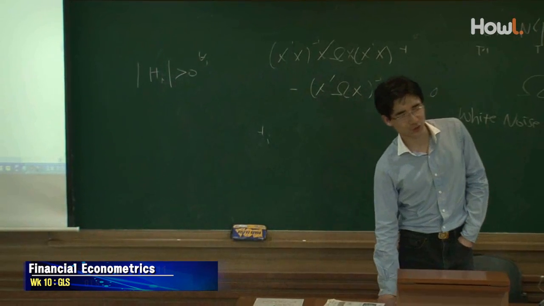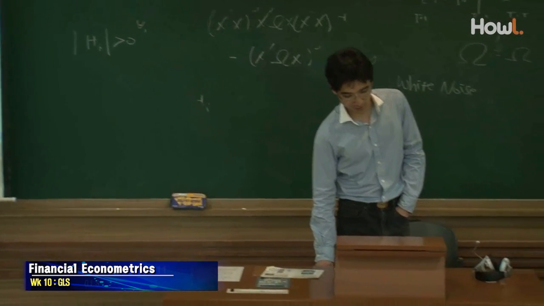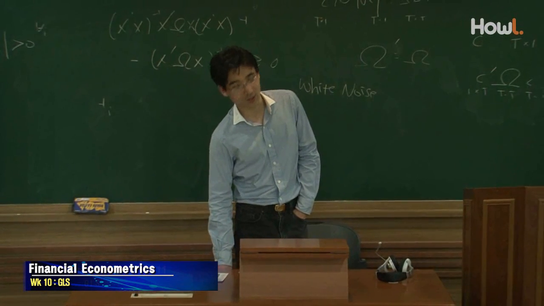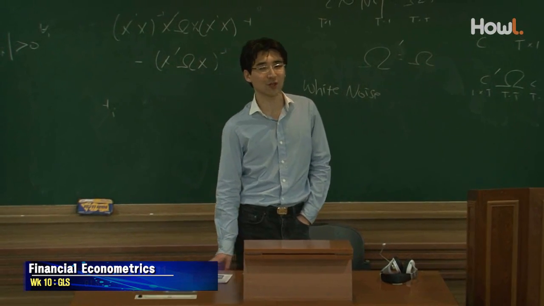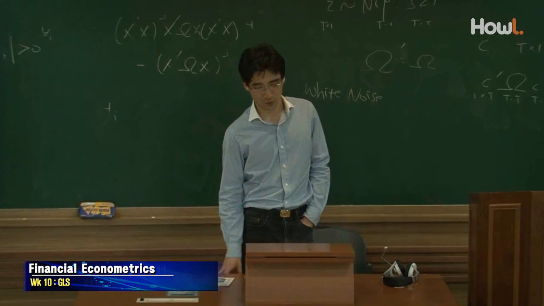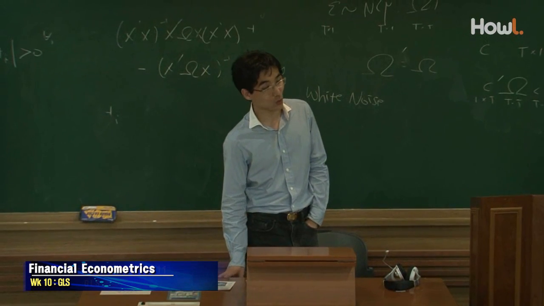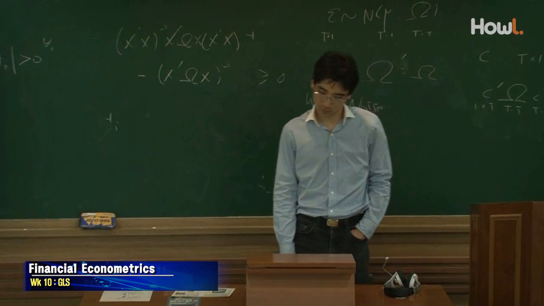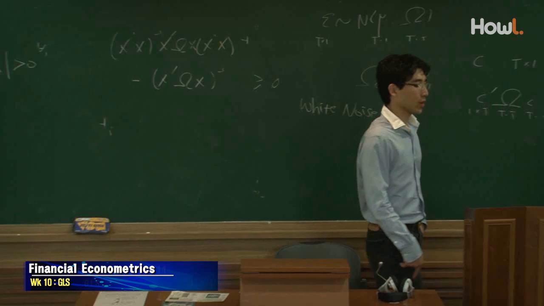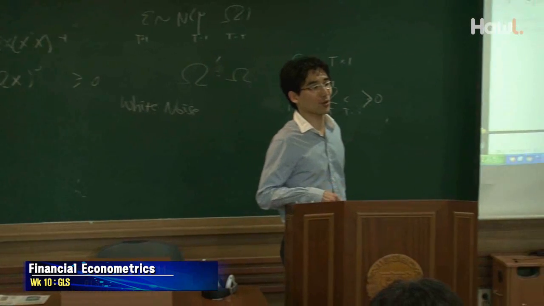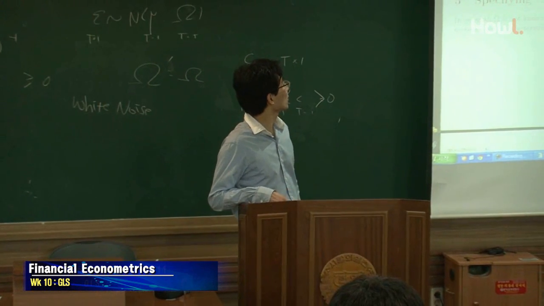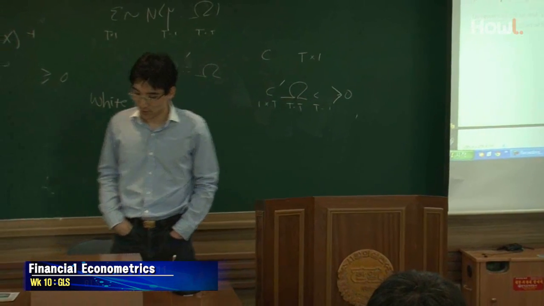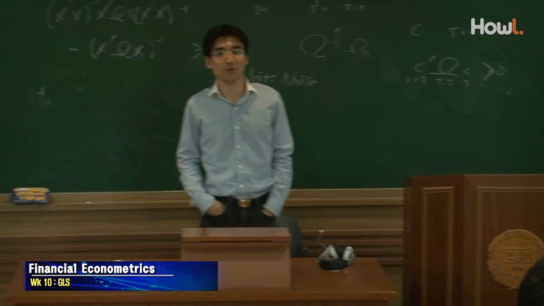In that sense, our GLS estimator is the best linear unbiased estimator. We already showed the GLS estimator is unbiased, so we call this GLS BLUE. And actually, OLS is a special case of GLS under homoscedasticity. Okay, any questions now?